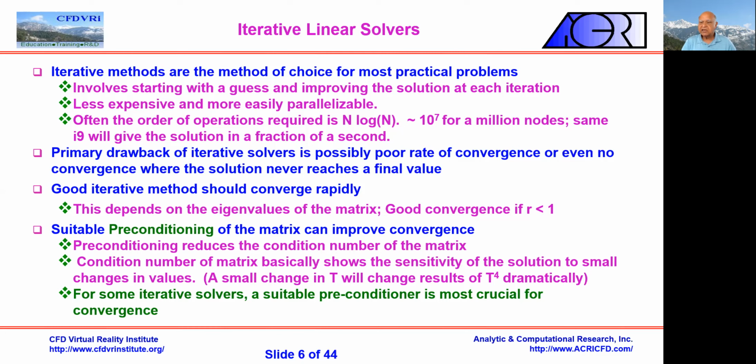Similarly, if your stiffness matrix has these highly sensitive implications, then of course you will have a problem, and a preconditioner can reduce that condition number. So a suitable preconditioner is perhaps most crucial for convergence. If your matrix does not already have good eigenvalues, you must use a preconditioner.